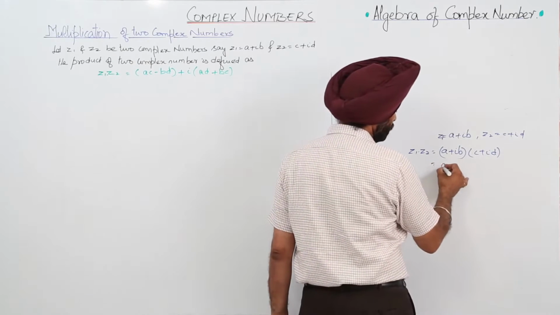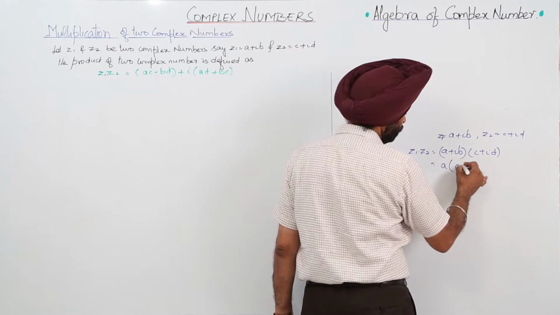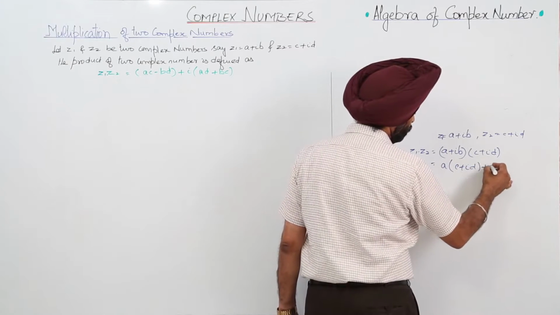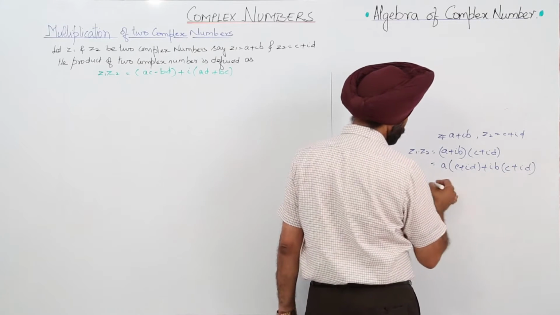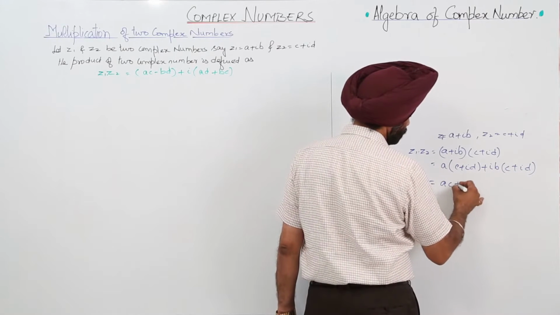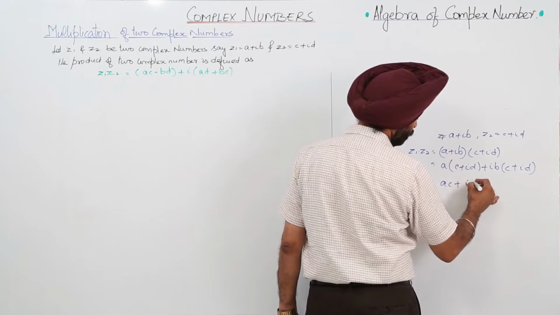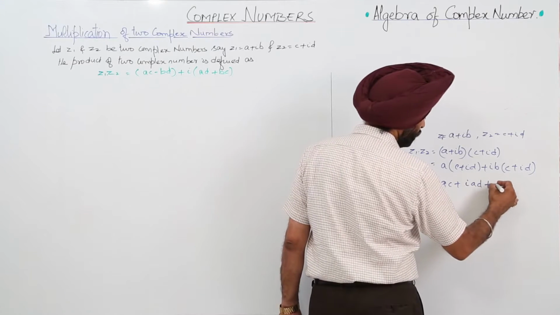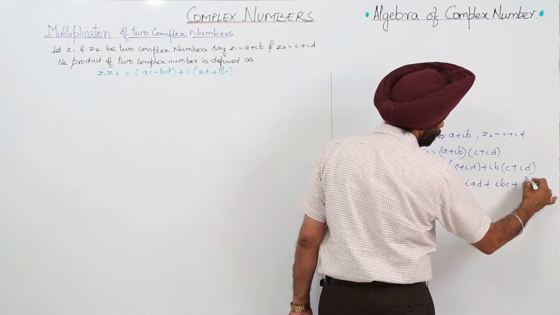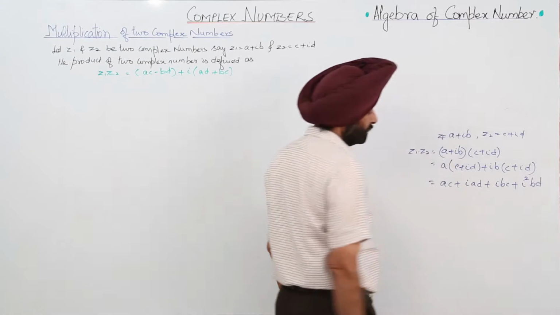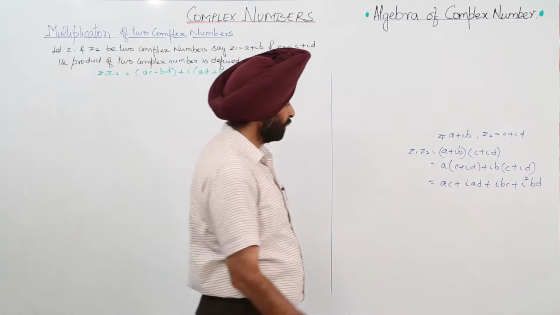How are we multiplying? A with C plus iota D plus iota B with C plus iota D. Now we are getting AC plus iota AD plus iota BC plus iota square BD. Is it clear?